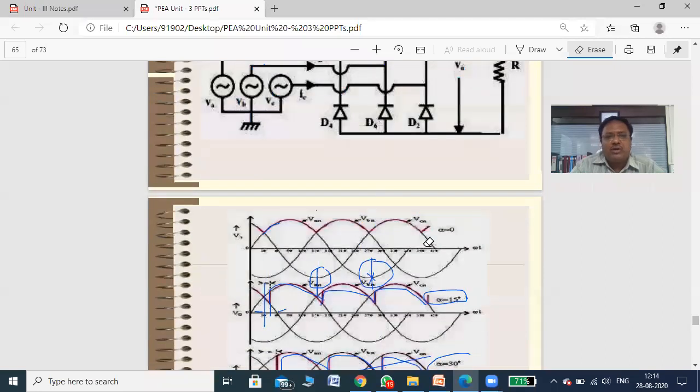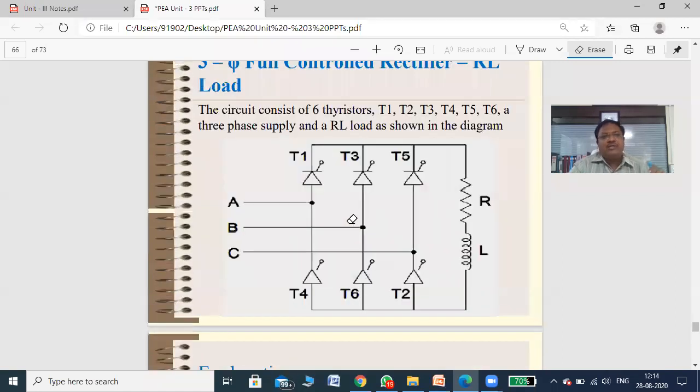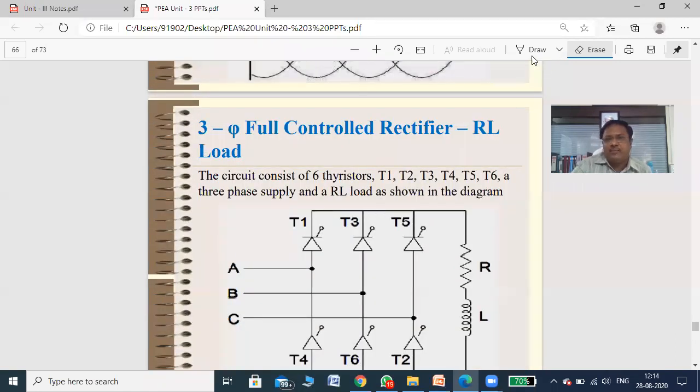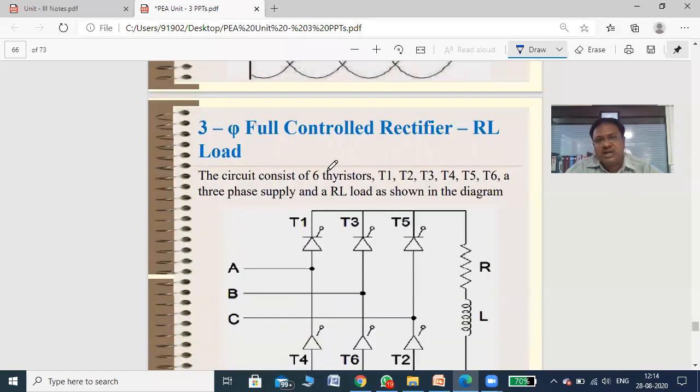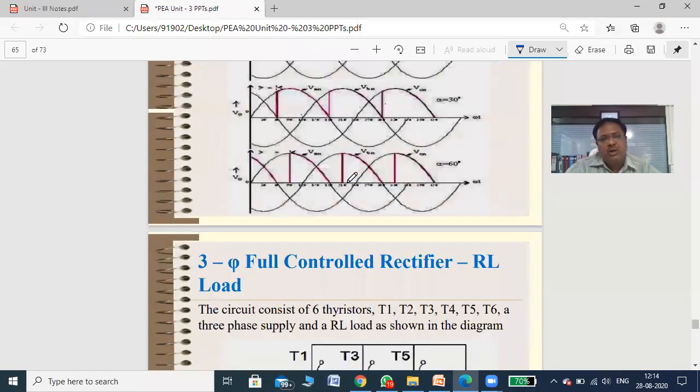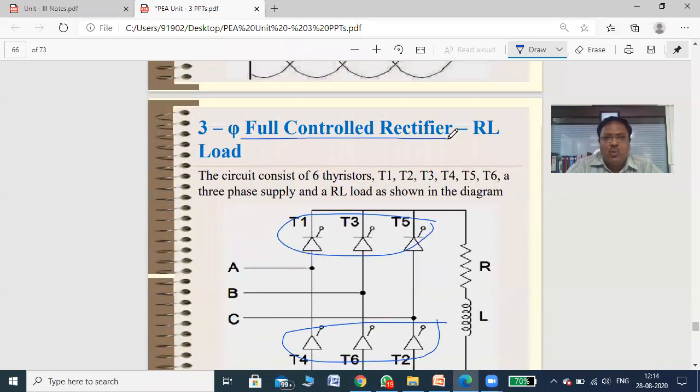Now we will go for the next one, that is the three-phase fully controlled converter. If you understand the previous one, you can explain this circuit. The change is that both parts are controlled. That's why it is called a fully controlled converter, or you can say rectifier.